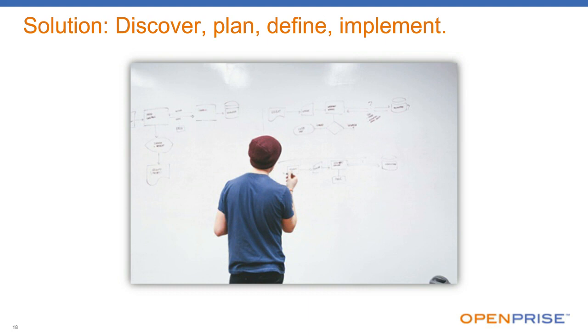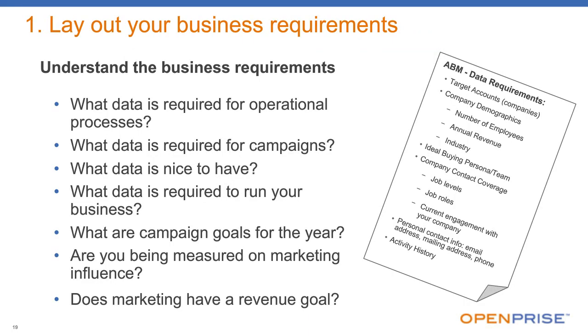The first thing you're going to do is find out what your business requirements are. A lot of times you get into a conversation, you get into a new role, and people say, I need this and this and this and this. And what they're not doing is separating what they need from what they want and what is nice to have. So really you have to find out what is required to run your business. Not, it'd be nice if we had this, and we'd like to do this, and we're thinking two years down the line we want to do this.